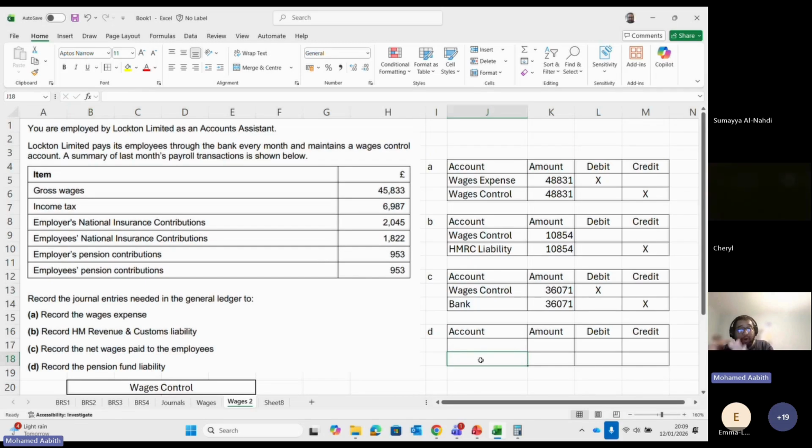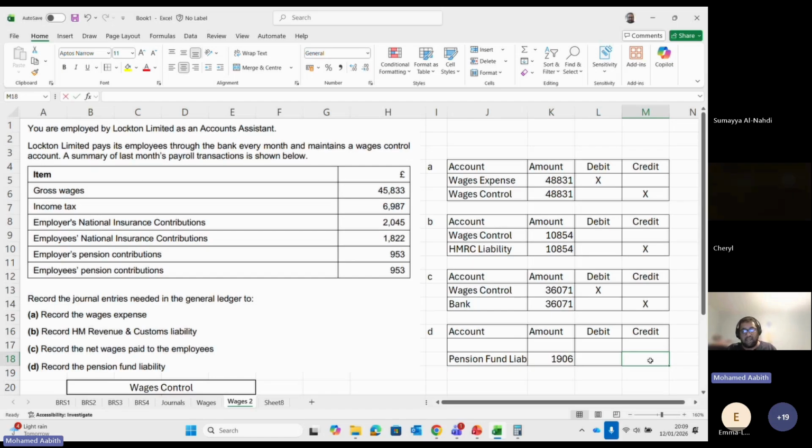You're paying from the employee's amount 953 and you're putting your own contribution of 953. So let's say here pension fund liability. The amount is going to be equal to 953 plus 953, and that is going to be 1,906 pounds.